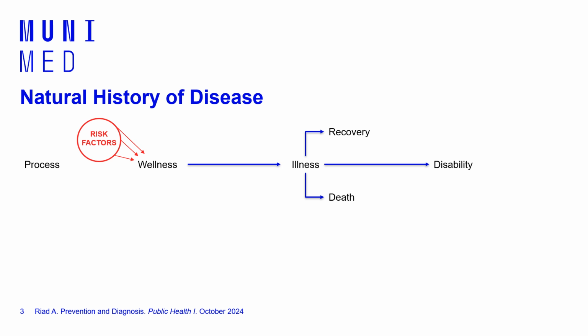So all these different types of risk factors will push humans to be sick at a certain point of their lives, and after they are sick, they will experience certain outcomes based on the degree of illness and the effectiveness of the medical intervention that they will receive. So this is the process in very simple words.